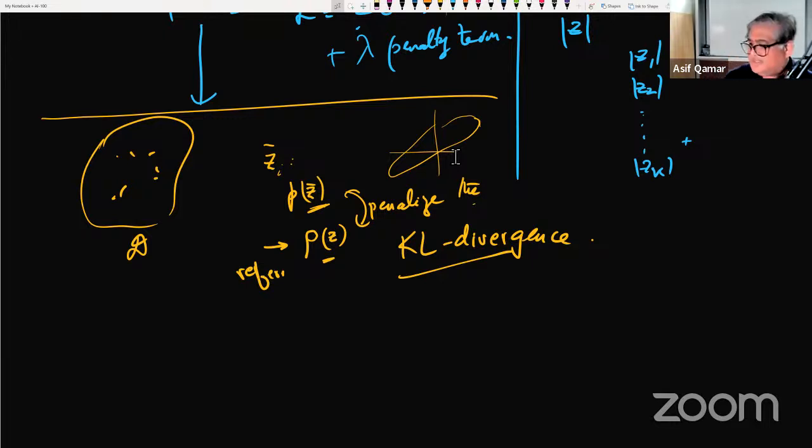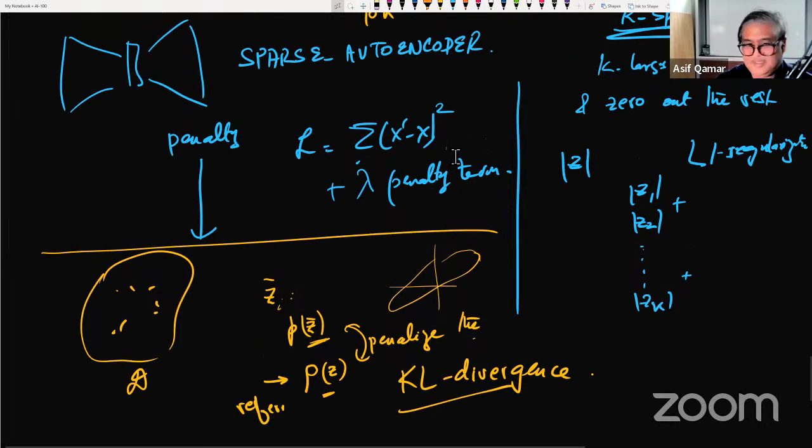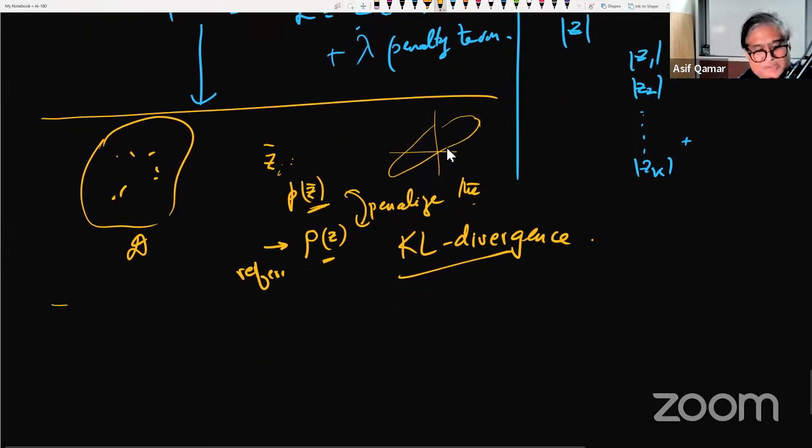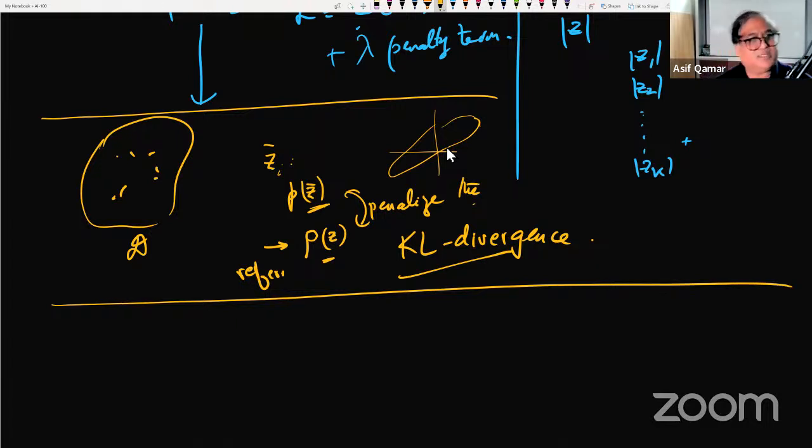So guys, these are all ways of doing it. This is one architecture, sparse autoencoders. There is another architecture which is important.